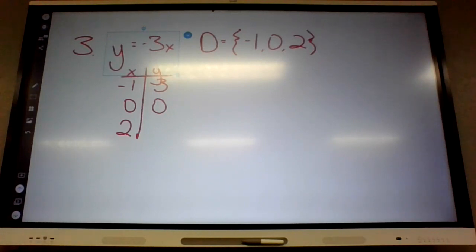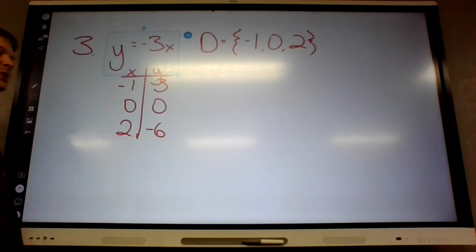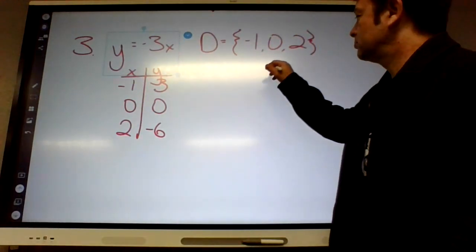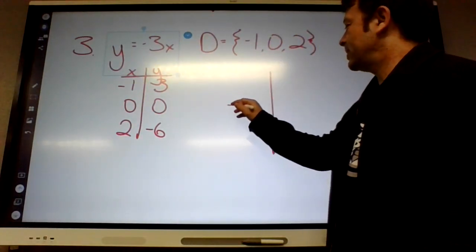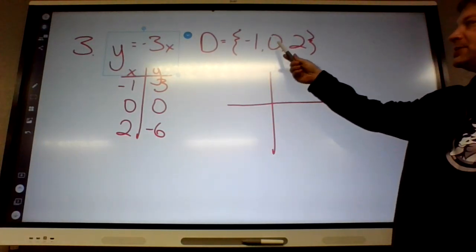And if we plug in 2, negative 3 times 2, negative 6. So we're going to graph those 3 points. Negative 1, 3, 0, 0. Should we connect the dots? No. The reason we're not going to connect the dots is because the domain is limited to just these 3 things.